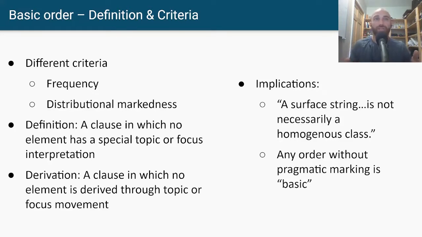Because by definition, any pragmatically neutral clause is a basic order. And so that's what we're going to conclude: that you can find clear examples of both VSO and SVO in pragmatically neutral contexts, and we're going to talk about what those contexts are. So therefore, the conclusion is that both of those are basic orders.